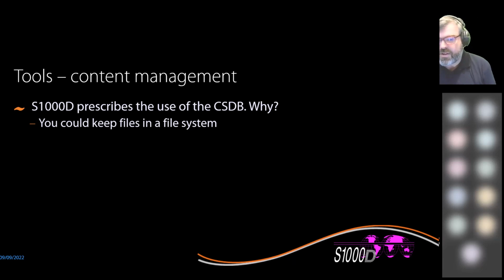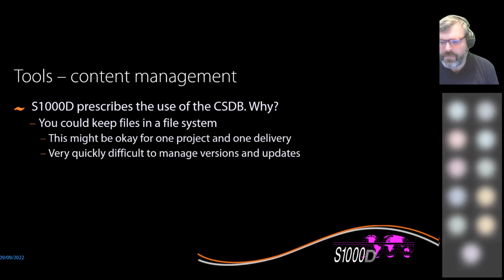But actually, a file system with all your data modules and all your ICNs in one place can work at a simple level. It gets more difficult when you then start trying to pick things out and say, right, I've got to make a delivery now. Oh, hang on, which data modules are my latest versions that I'm going to send on this delivery and so on.